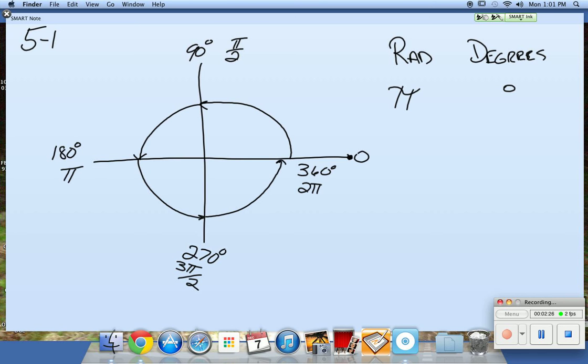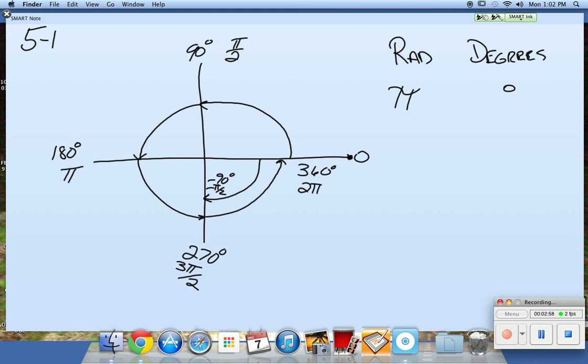Radians and degrees. You're going to be using them both. Depends on what you're doing. Some will be easier to work with degrees. Sometimes it's going to be easier to work with pi. Okay? Depends on what you're doing. Now, the same goes this way. If we go this direction here, back down, we're at a negative 90 degrees or a negative pi over 2.